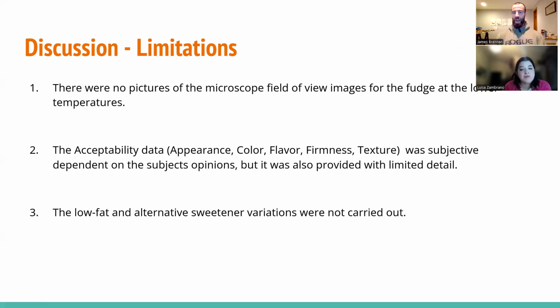So we were able to get that part of the response, but we didn't get that here. So it was hard to differentiate between creamy, buttery, buttery sweet, creamy sweet. It was kind of hard to tell how to differentiate between those. And then assigning a quantitative number to that was based on, again, our subjectivity.